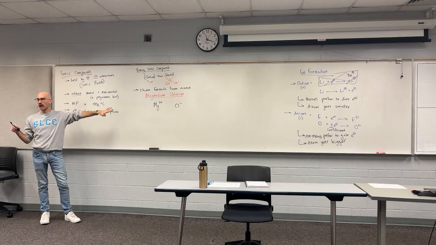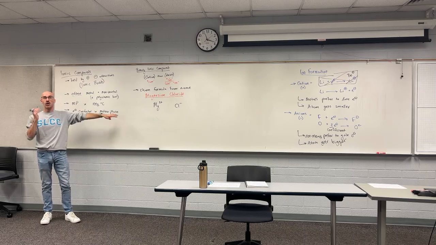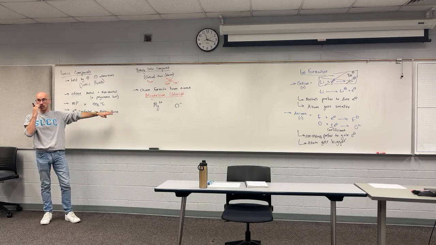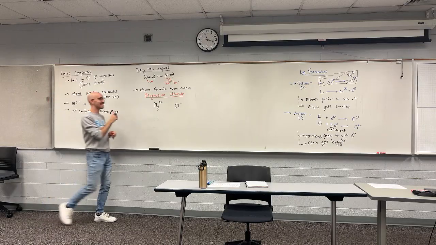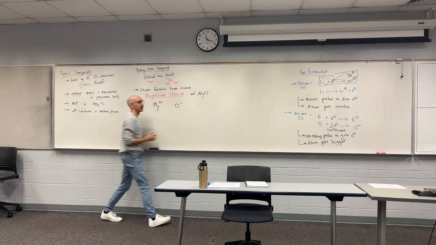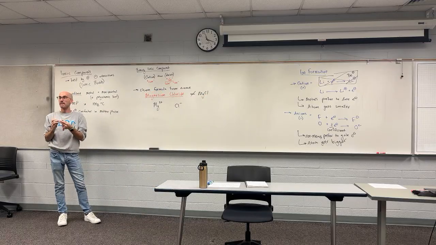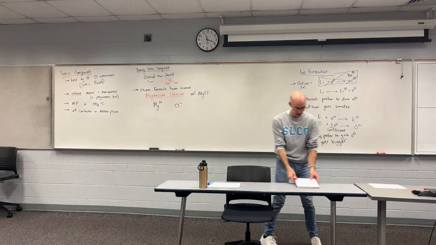If I have 1 ion of magnesium and 1 ion of chloride, am I neutral? What charge do I have? +1. So the chemical formula is not MgCl, because that is not balanced. How do we balance them then? Good. I need a second chlorine.